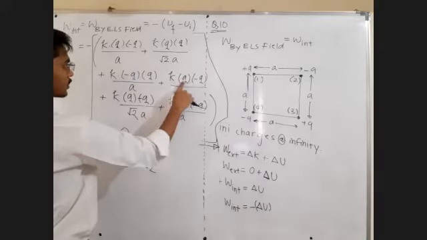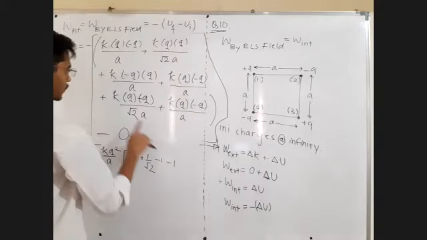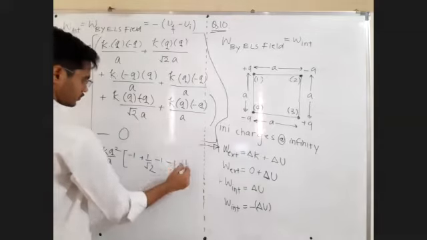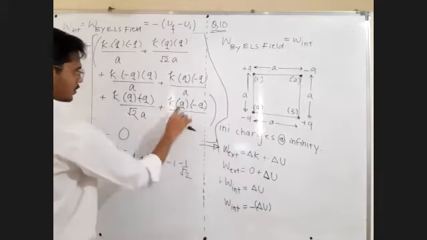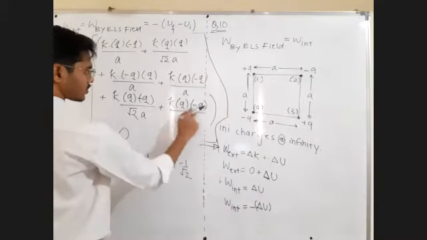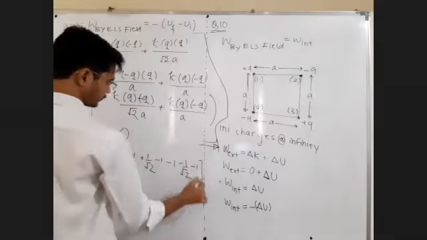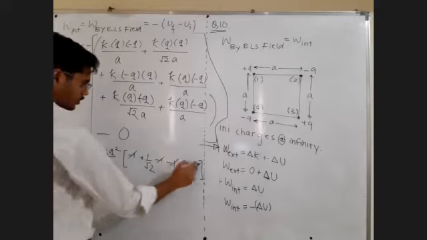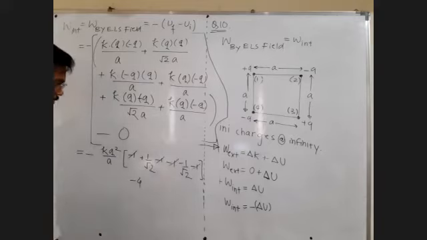Plus 1 minus 1 minus 1 plus 1, minus 1 upon root 2, minus 1 upon root 2, plus 1 minus 1 plus 1 minus 1 minus 1, minus 1 minus 1 minus 1 minus 1, that is minus 4, plus 1 by root 2 minus 1 by root 2 cancel.